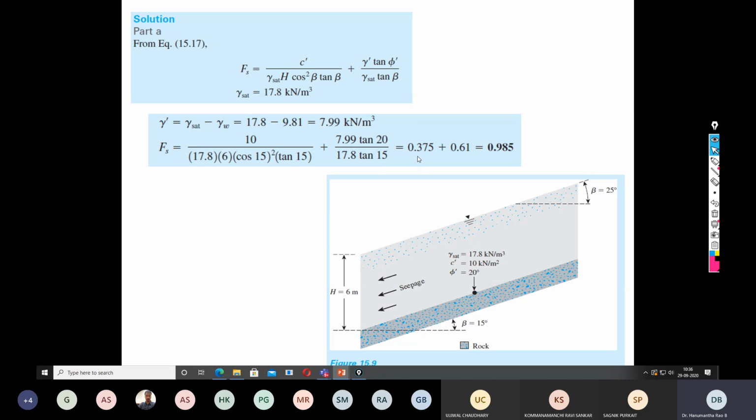So this is 0.375 plus 0.61, which is 0.985. Since the factor of safety is less than 1, there is a failure.